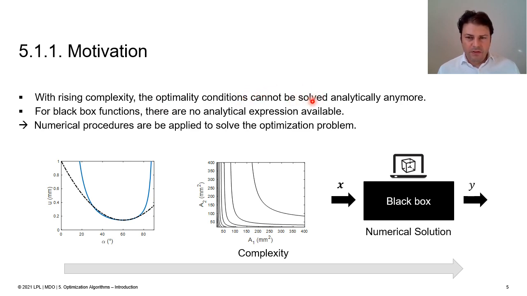That also means you cannot identify candidates for optimality anymore. For black box functions, you could not even do that to begin with because you don't even have analytical expressions available. So that motivates the necessity to apply numerical procedures to solve your optimization problem.